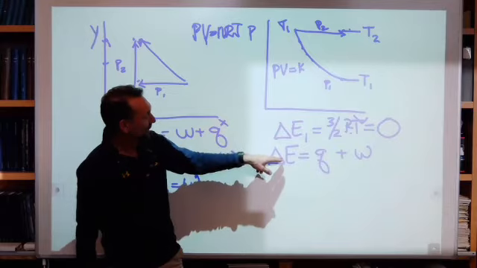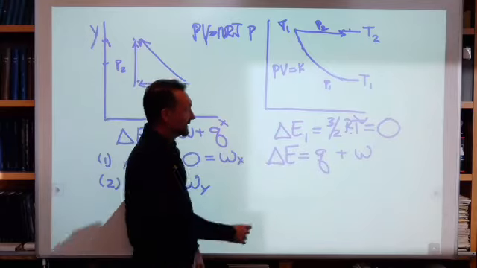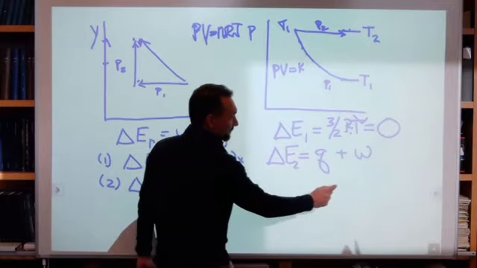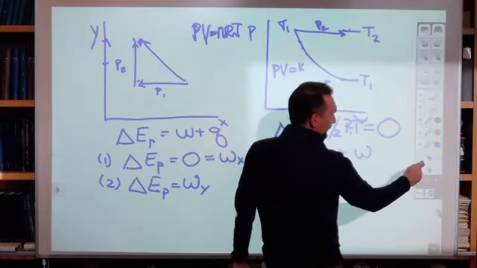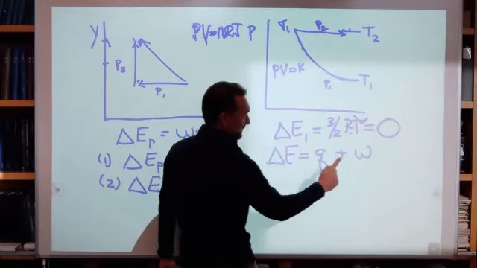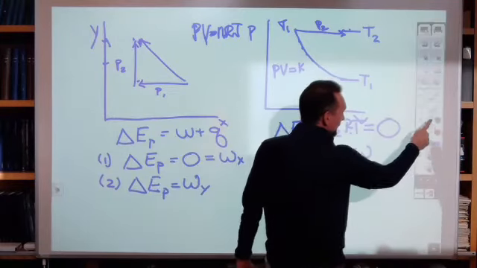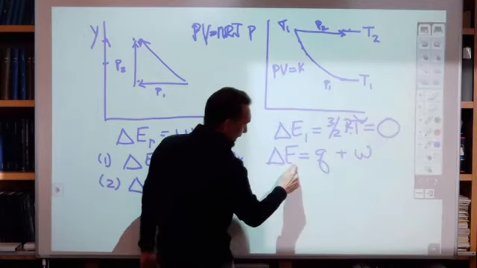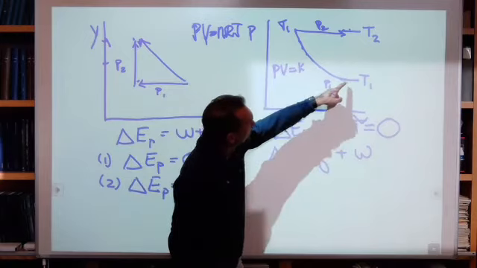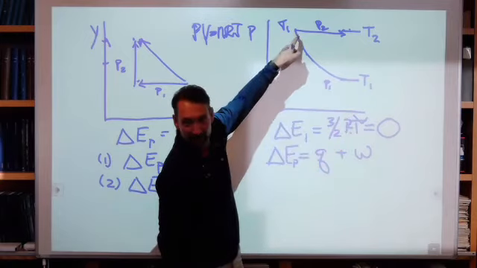So here, the second path, instead of 2, I'm going to call that sub P, because this was a constant temperature path.